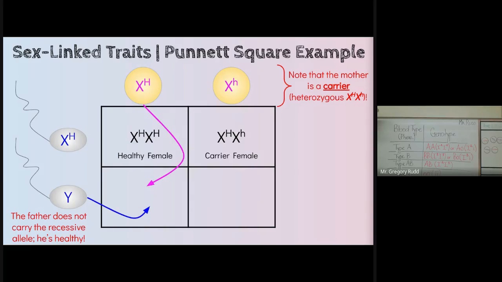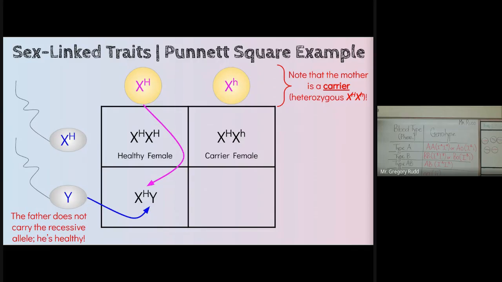This comes down here, and this comes over here. All right, so when we're doing these Punnett squares, we're always dropping the ones on the top down, and we're moving the ones on the left side over. Okay, so X H is going to go there, and Y will go to the right. So this is what you get.